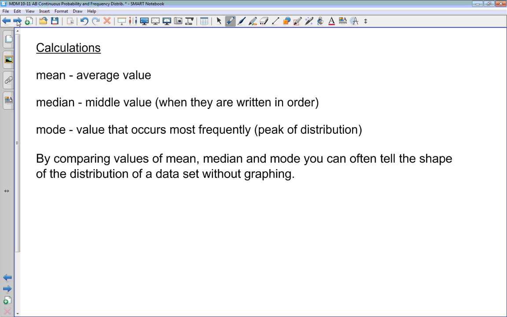The mode is the value that occurs most frequently in your list, usually corresponding to the peak of the distribution. And what you want to be able to do is, by comparing the values of the mean, the median, and the mode, figure out the shape of the distribution of this data set without actually doing the graphing. But again, you'll get lots of practice as you work through the activities in boxes A and B.